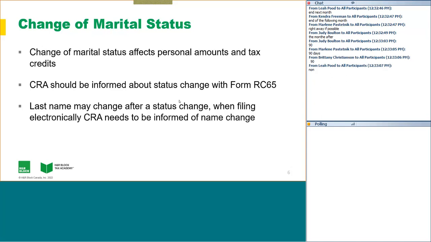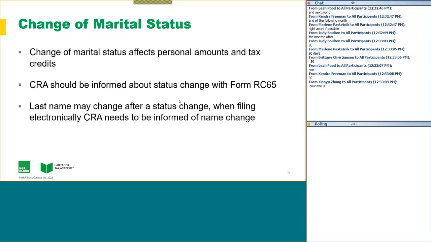Good. So this is something I find students get confused about. Let's say I have a client who separated on June 1st, and then 90 days have passed. So now we know the separation happened. Now we can file the RC65 by the end of that month.